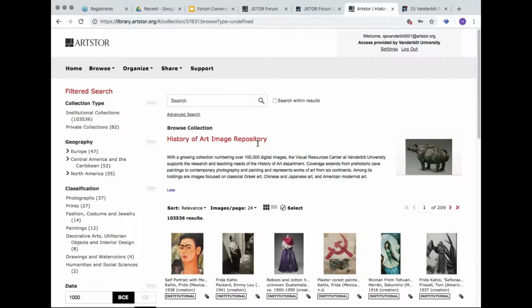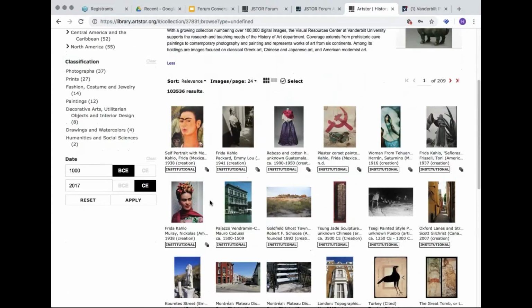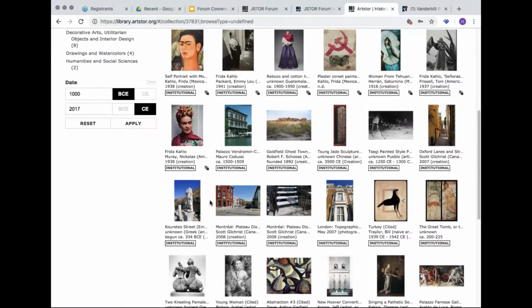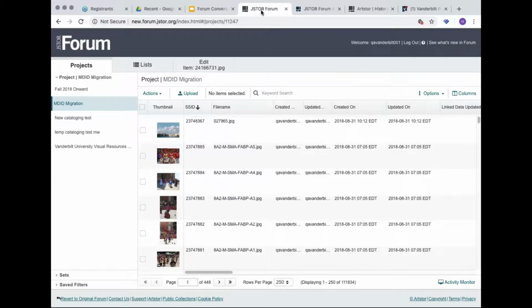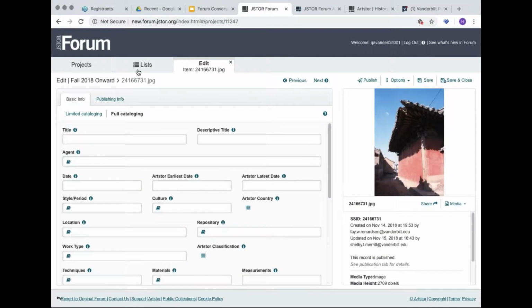So everything gets ingested, anything new is ingested into Forum. Most things are immediately, once cataloged, published to this repository that you see here, the institutional collection, which is available campus-wide. A few things, for example, you were just looking at a blank record in Forum, which was something I just today digitized.